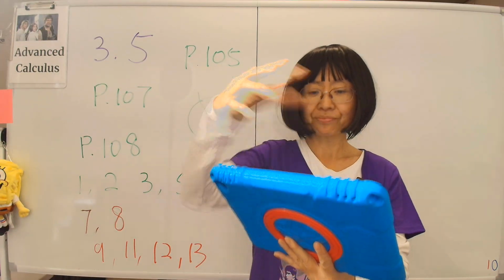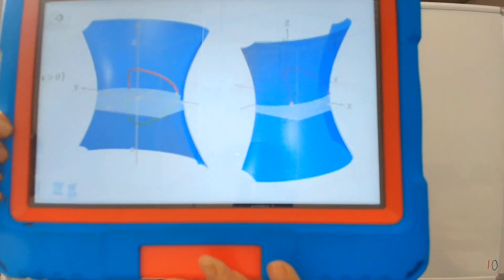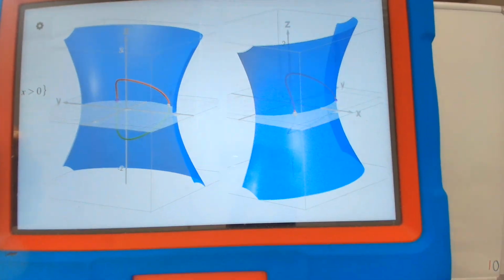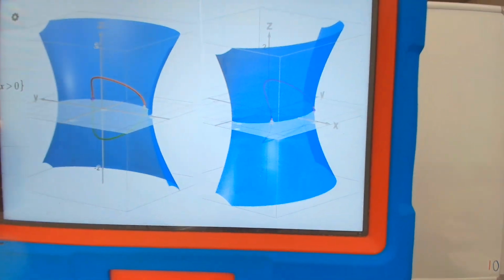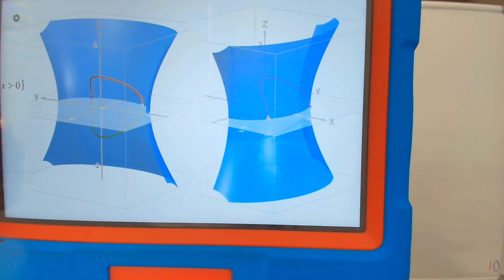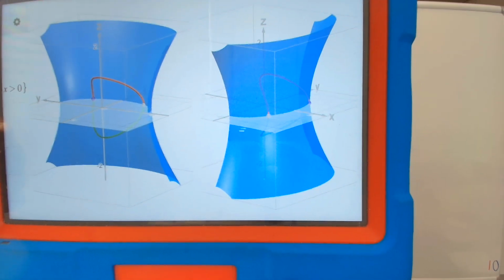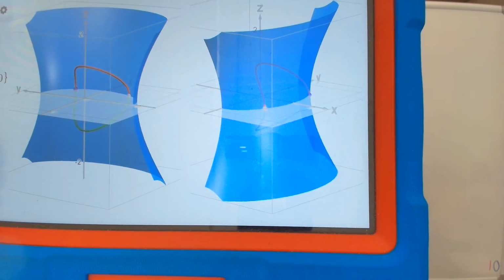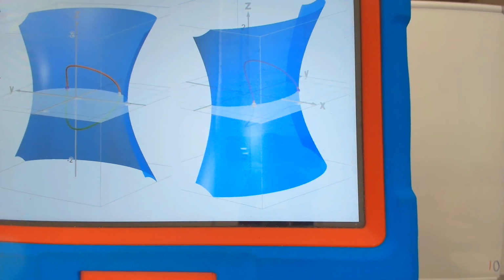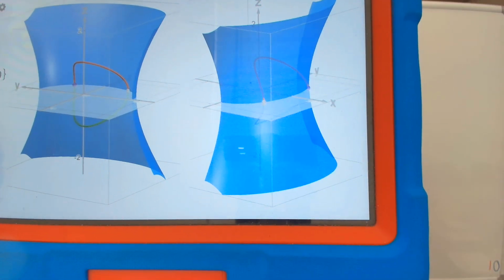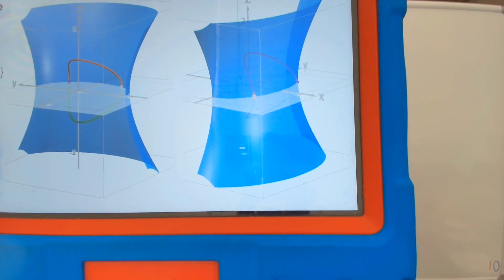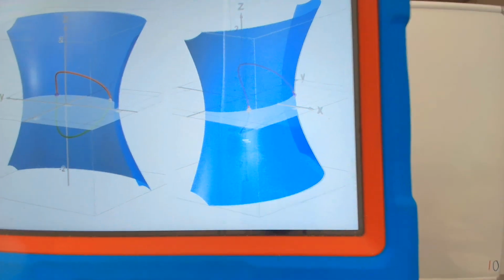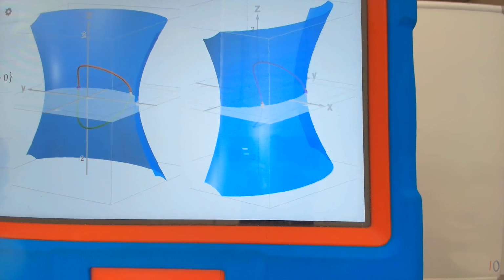And here is the graph looking from the other angle. When you turn it around, looking from the back, I have the two dots here. The two dots are the points where the curve touches the surface. And it looks pretty nice, doesn't it?